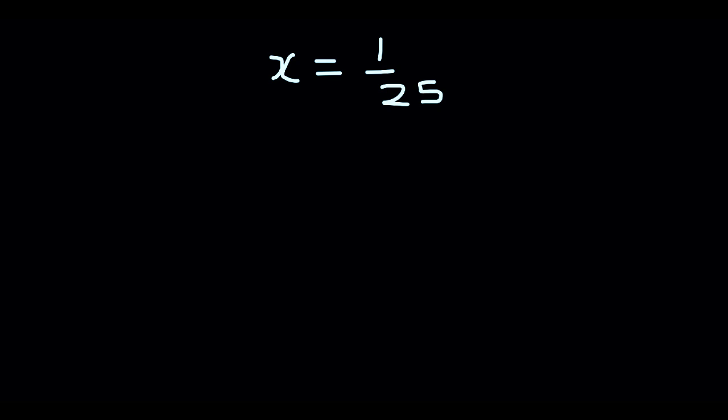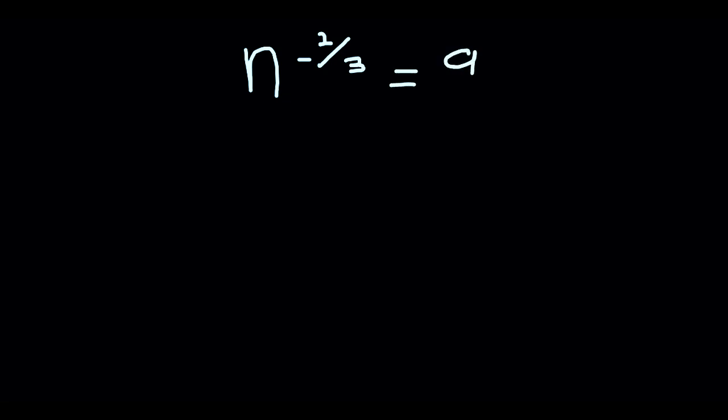So the next one also gives us n power of minus 2 over 3 equals 9. This can be written as 1 over n power of 2 over 3 equals 9.